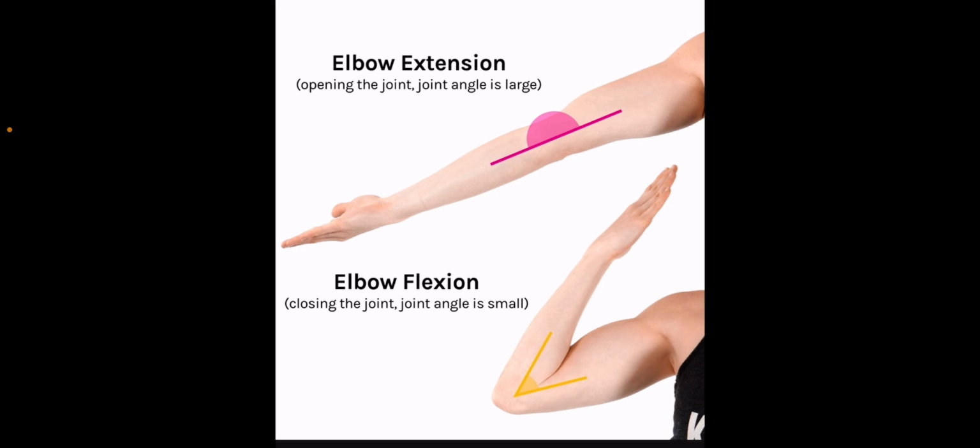It makes it smaller, makes it acute, less than 45. While the extension increases the joint angle, making it larger. So things like straightening the arm is extension, while things like pulling in your arm is flexion.